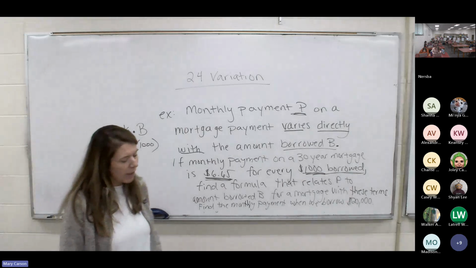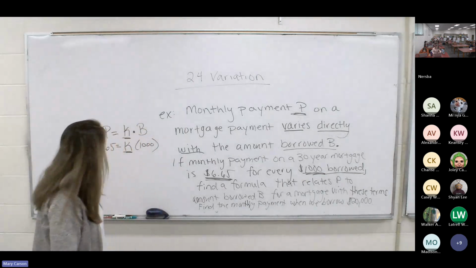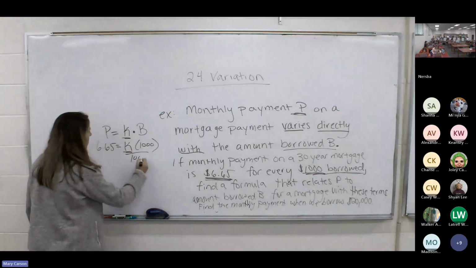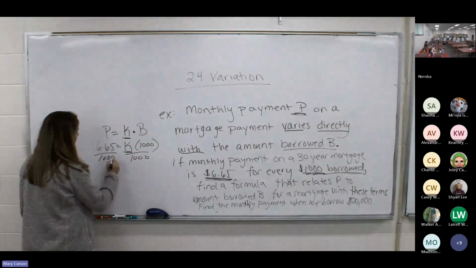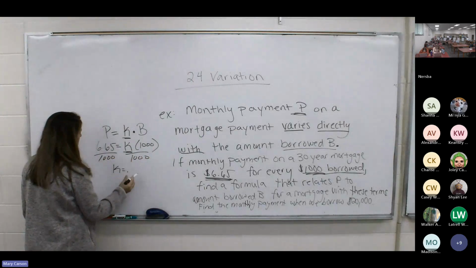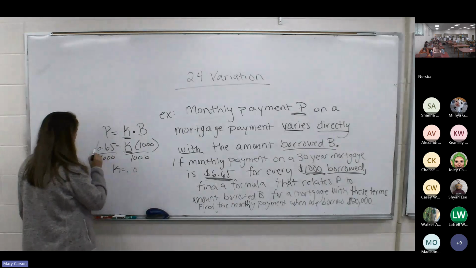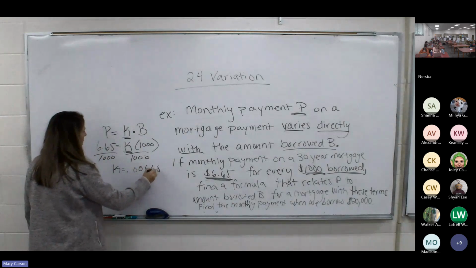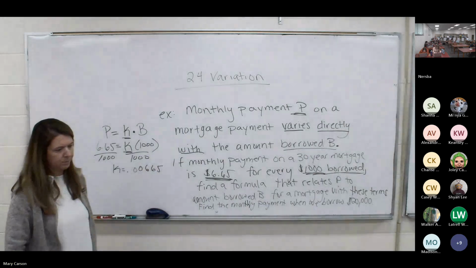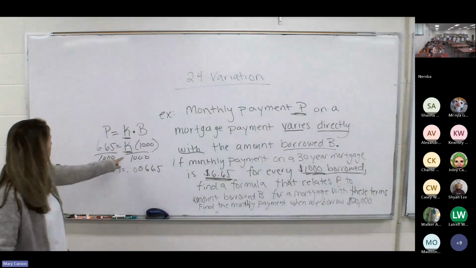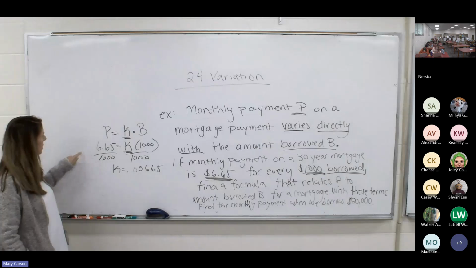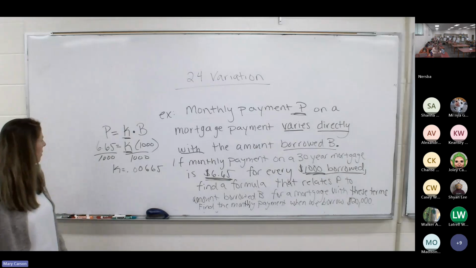When we do that, we divide by 1,000, and you're going to end up with K equals 0.0665. We move the decimal 3 places to the left. When you divide by 1,000, you're moving 3 places to the left.